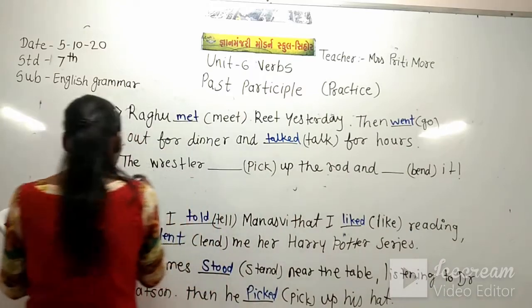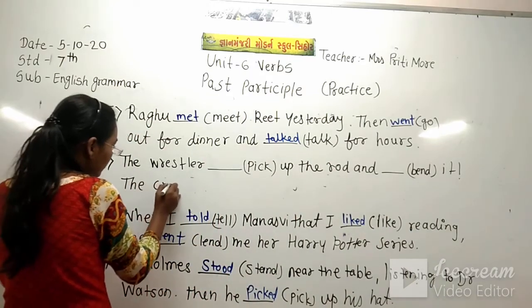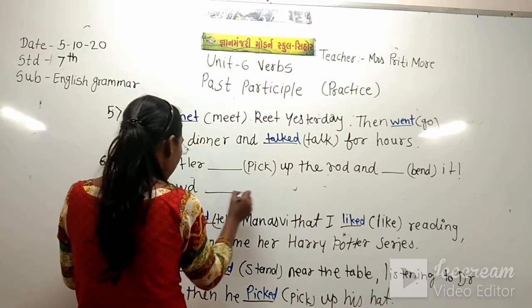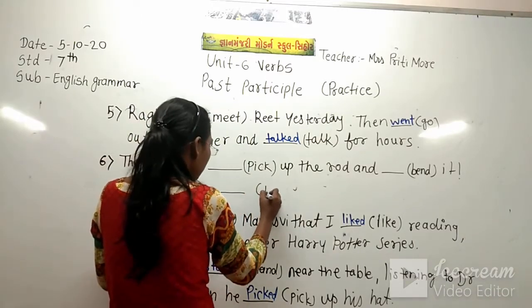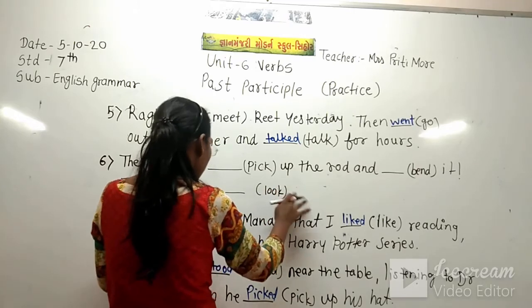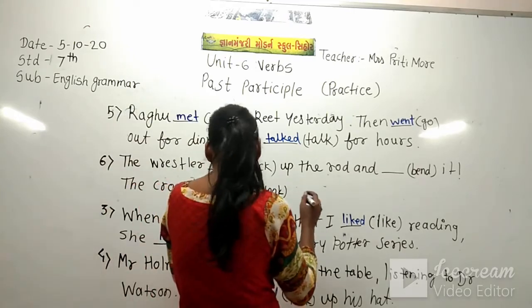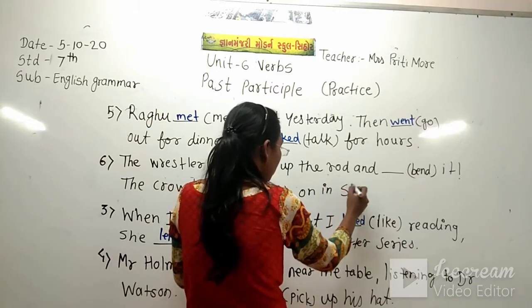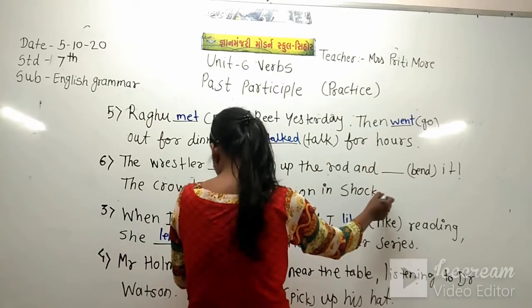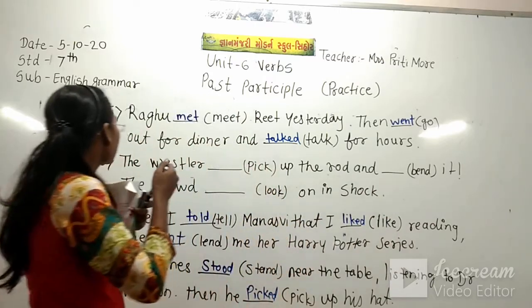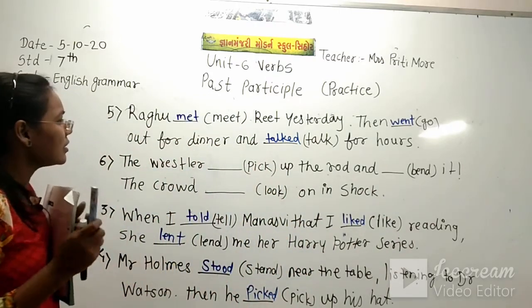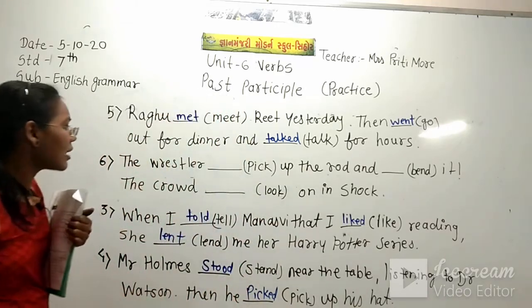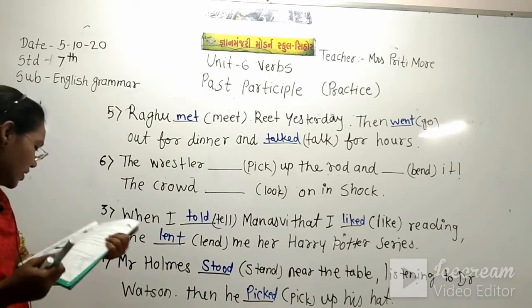The crowd blank space, look on in shock. So what the sentence? The wrestler pick up the rod and bend it. The crowd look on in shock.